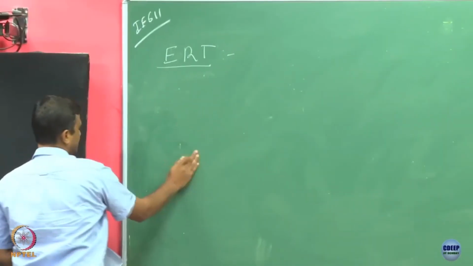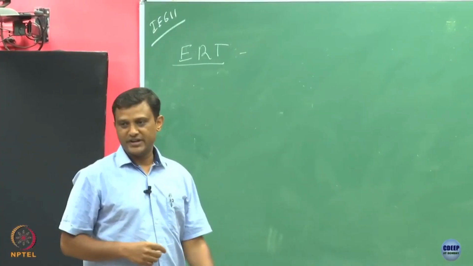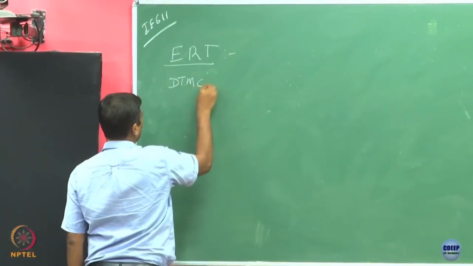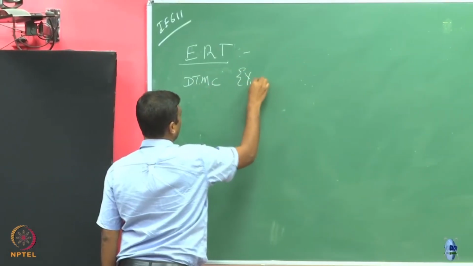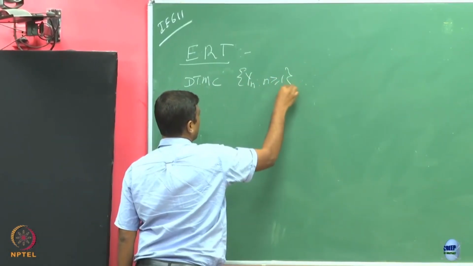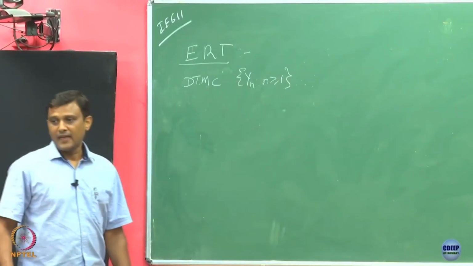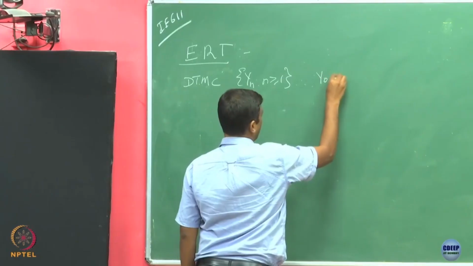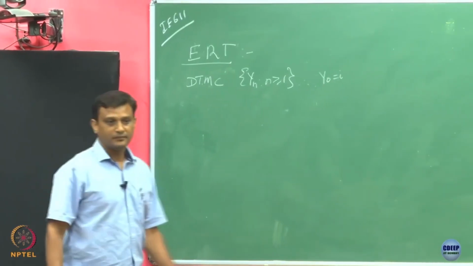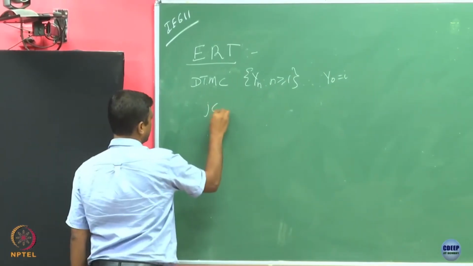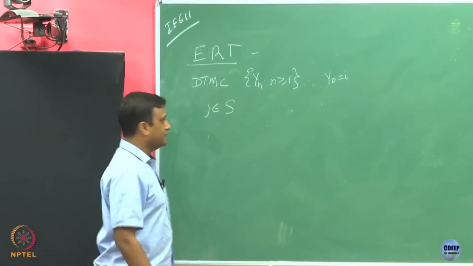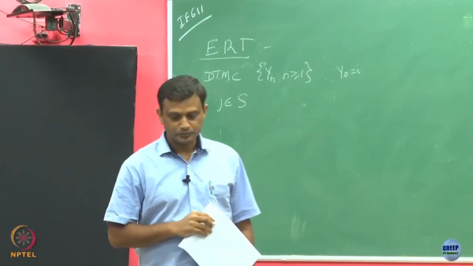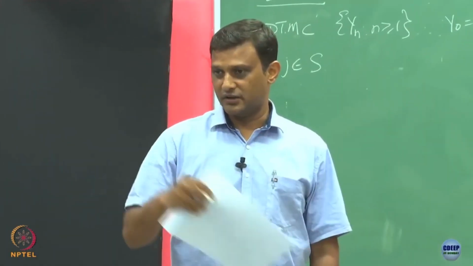Just as a recap, we started with the DTMC. We said, let us start with an initial state i, and I am interested in some particular state j, where S is my state space. I am interested in my DTMC going back to this particular state again and again.